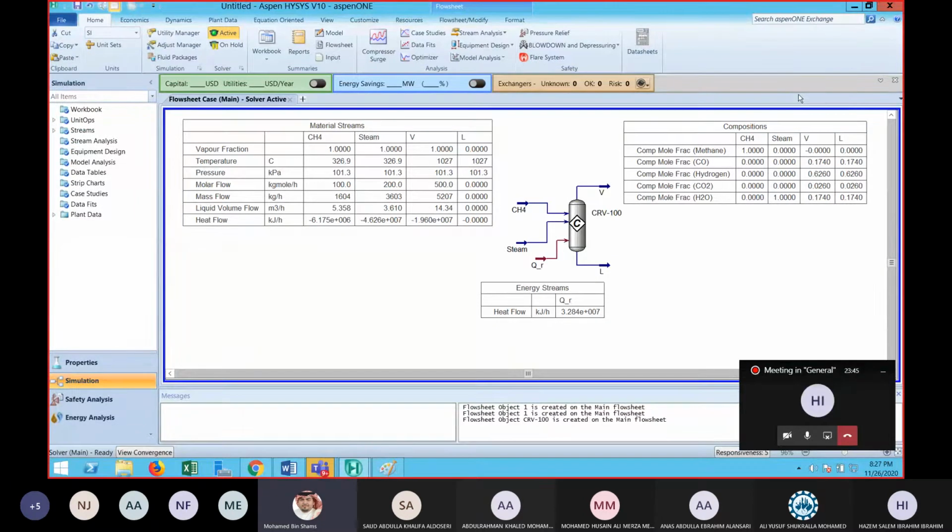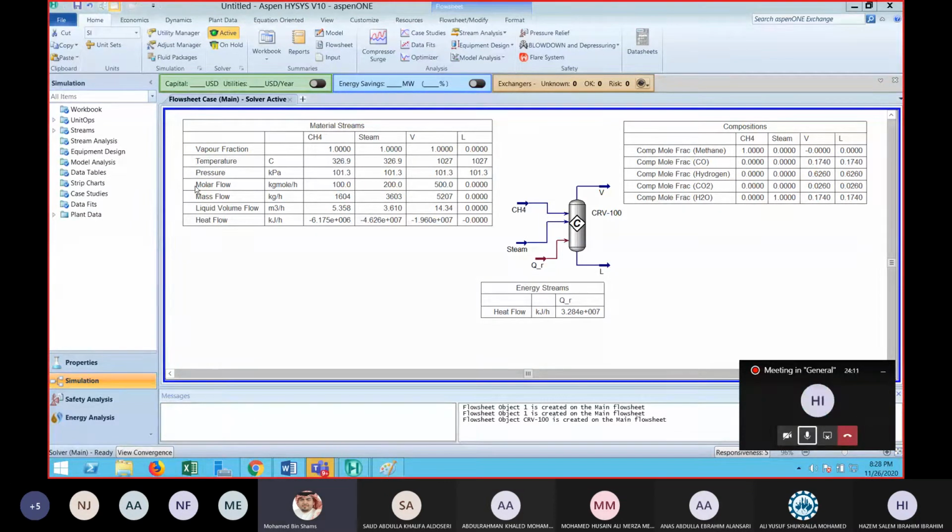Notice here, guys, in the composition, notice the methane is of course 0. Well, you can see there is a liquid stream here, but this number doesn't have any sense, because of the flow of the liquid. Look at the molar flow of the liquid. The molar flow of the liquid is by itself 0.